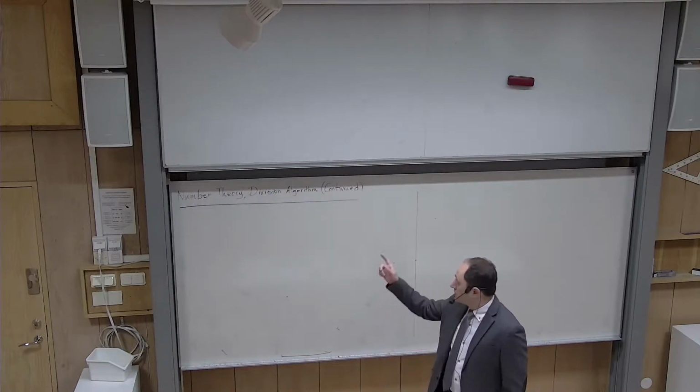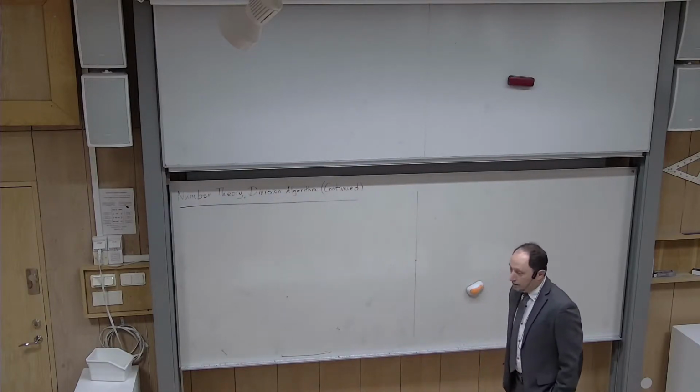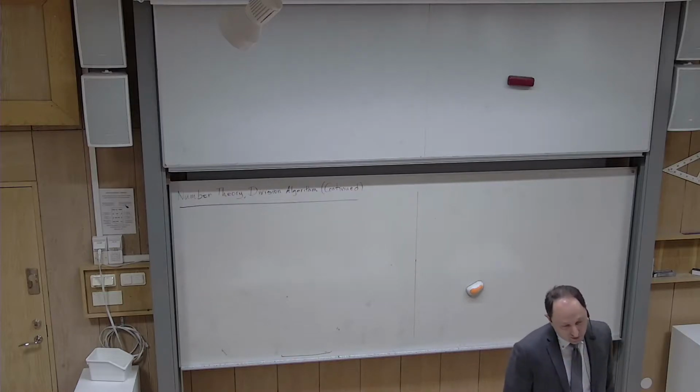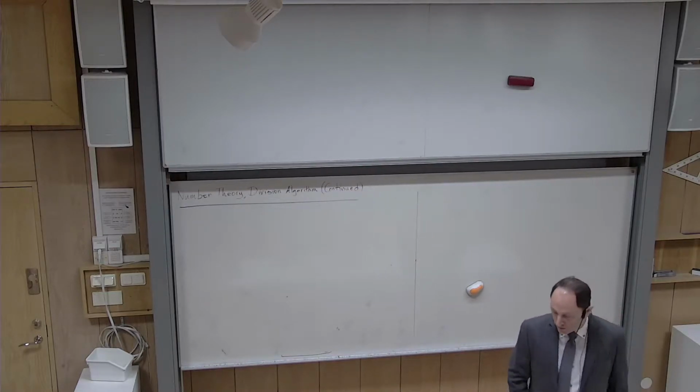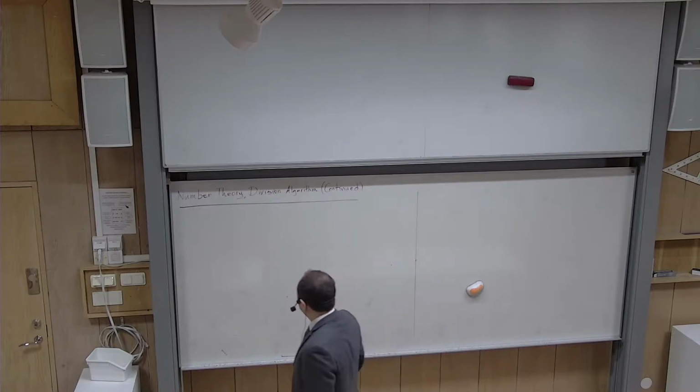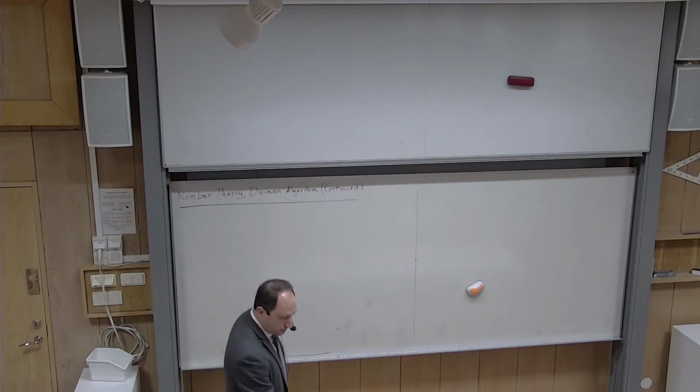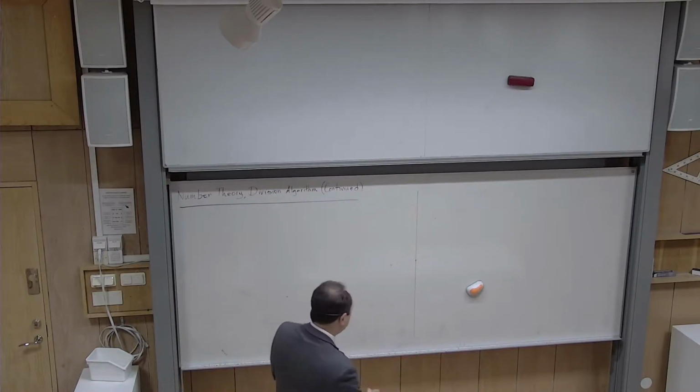So we discussed the division algorithm again, but we want to look at the same theorem from a different perspective, okay? Let me just remind you what the division algorithm was.